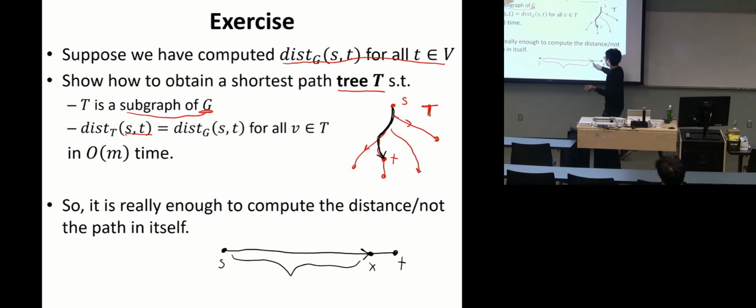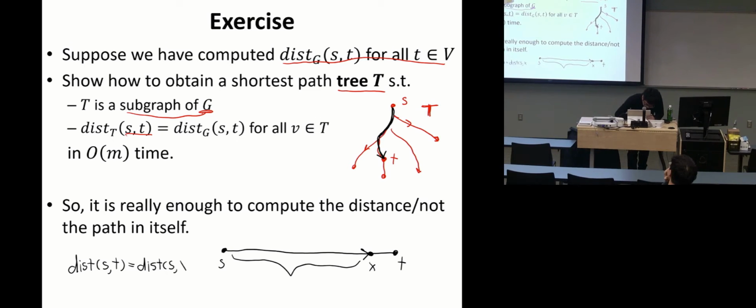Otherwise, if not, then there would be a shorter one, and so this path wouldn't be the shortest path from S to T. So what you know actually is that the distance from S to T is going to be the distance from S to X plus the length from X to T.